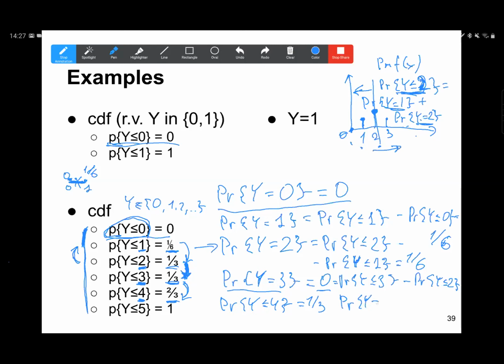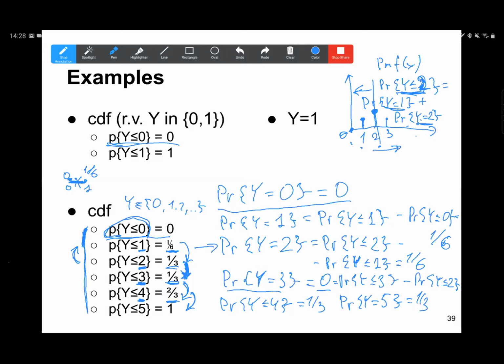What would the probability of this random variable being equal to 5 be? Again, you look at the growth, by how much its distribution function has grown when going between 4 and 5. Yes, it's 1/3 again.